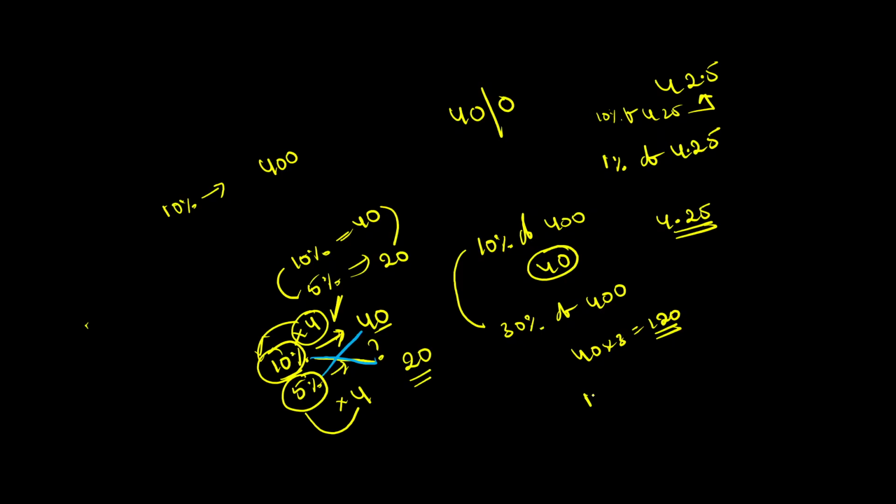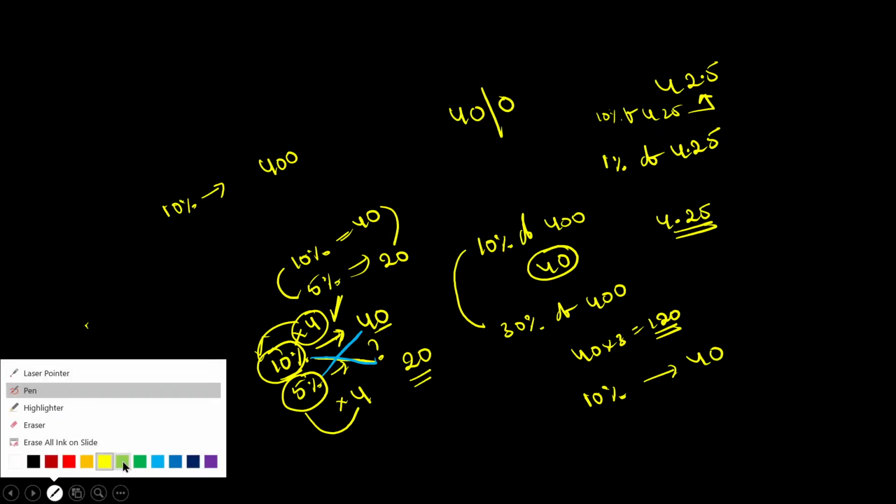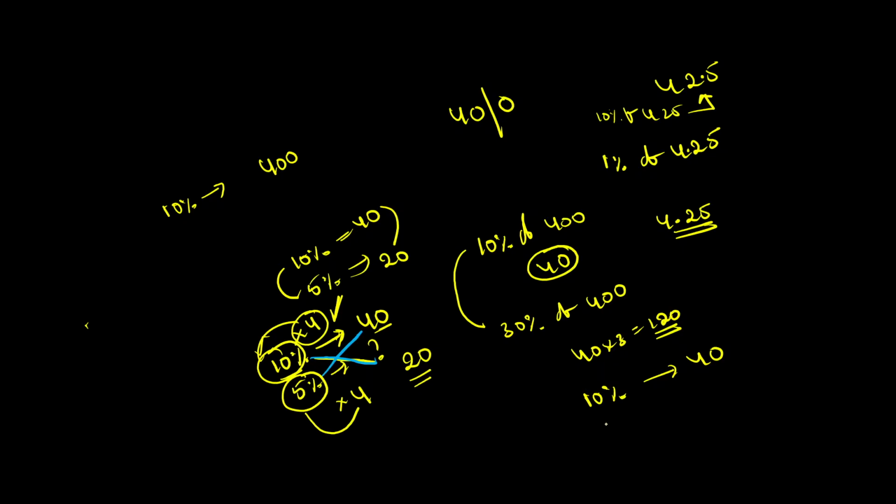We can also solve it this way. If 10 percentage is 40, then 5 percentage of the same number will be, and you can relate it this way: 10 multiplied by a number gives you 5.